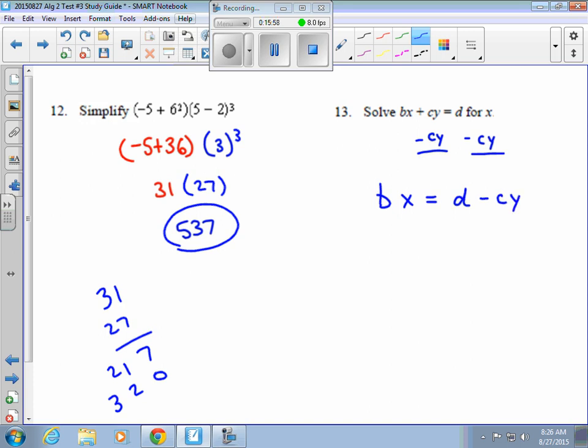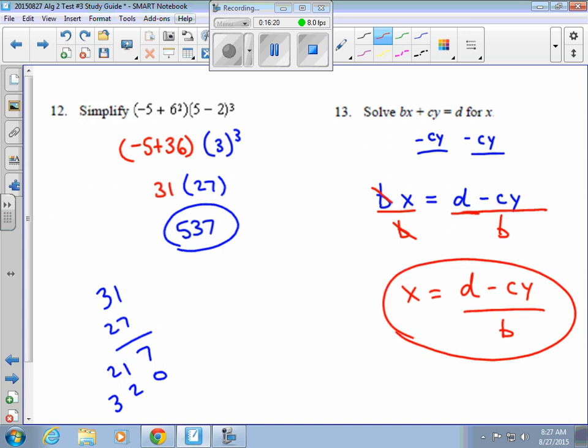Then get x by itself by dividing by b on both sides. Remember, if you divide, you got to divide by everything, or we'll just write it one time over b to make sure to divide by everything. This one will cancel it out. X is equal to d minus c times y over b. X is isolated. X is by itself. That was the goal.